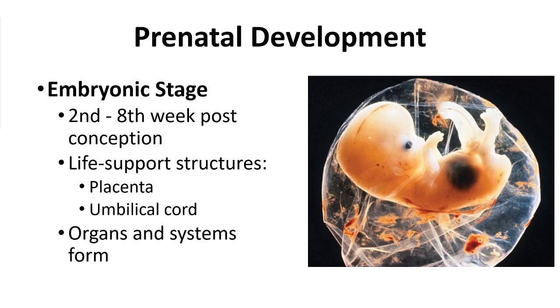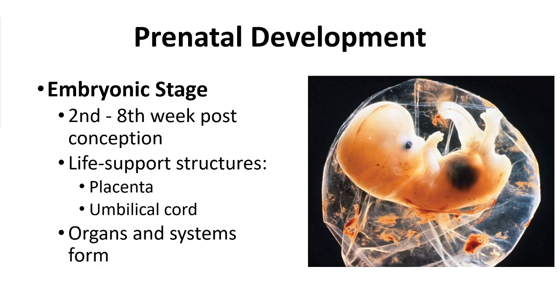And this is going to be your 2nd to 8th week post-conception. At the beginning of this stage, 2 of our essential life support structures develop. This is the placenta and the umbilical cord. Now, the placenta is going to stick to the uterine wall, and it's going to be a membrane that's basically going to allow nutrients and different things from the mother's blood to pass into the embryo.